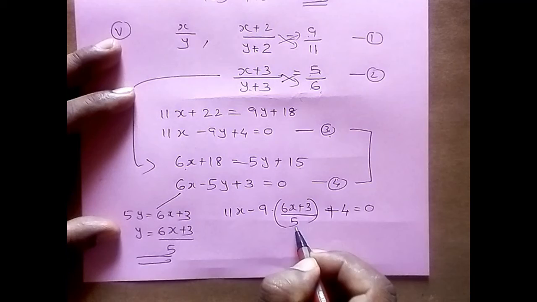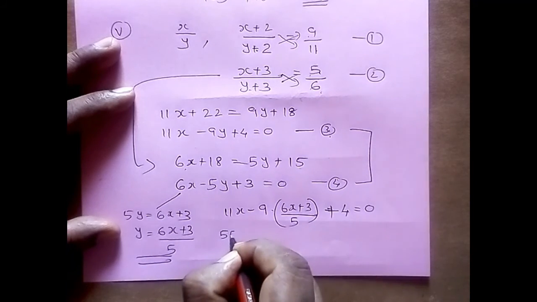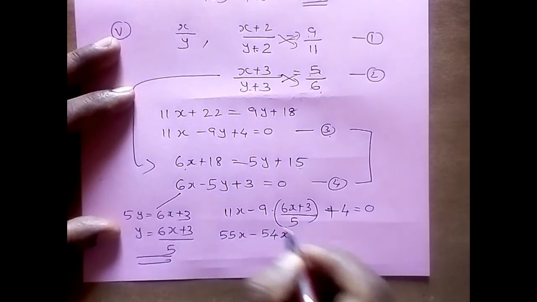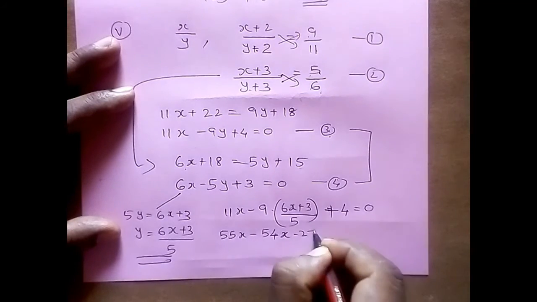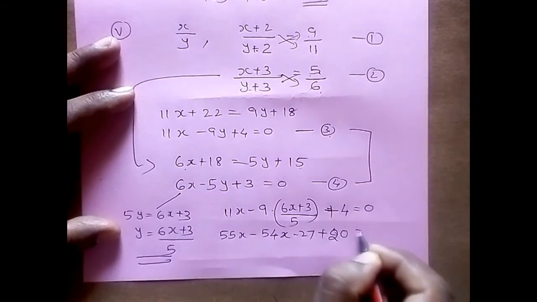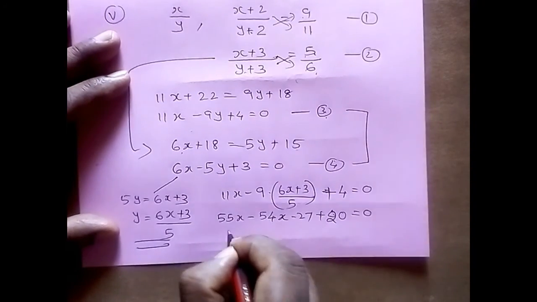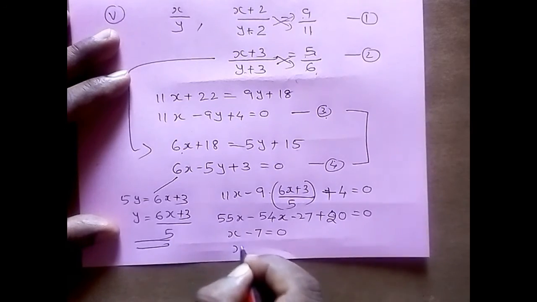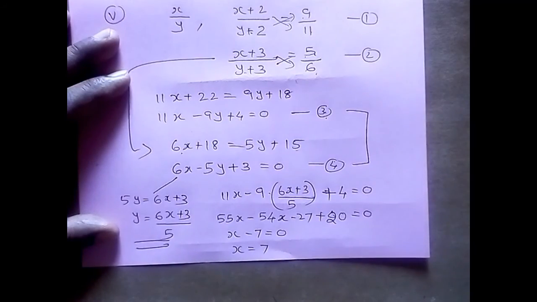Multiply throughout with 5, we will get 55x minus 9 into 6, 54x, 9 into 3, 27, plus 4 into 5 is 20, equal to 0. So x minus 7 equal to 0, or x is equal to 7.